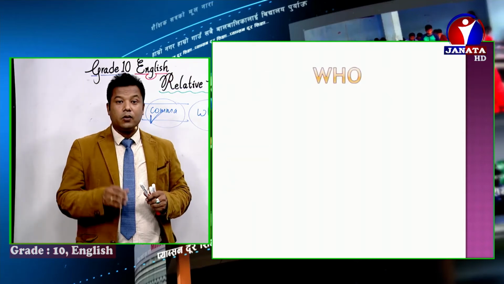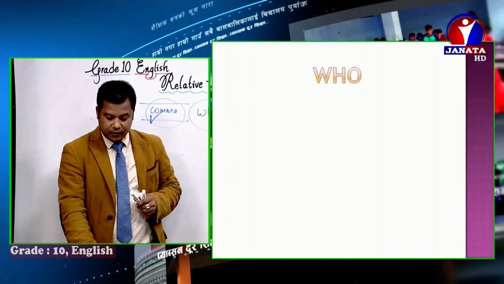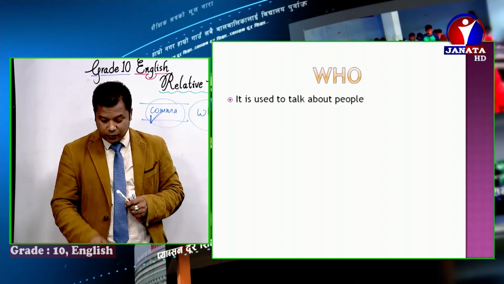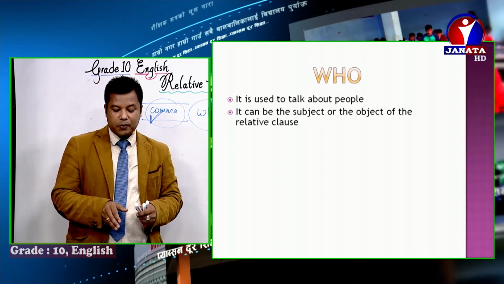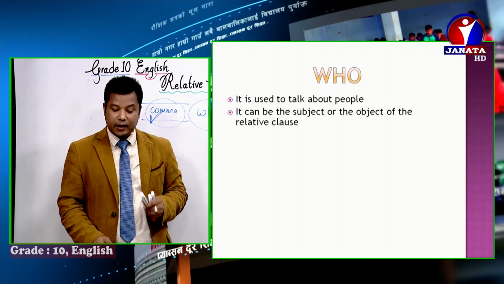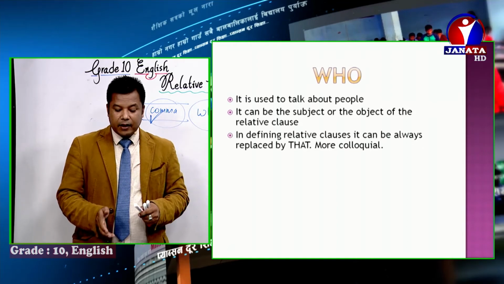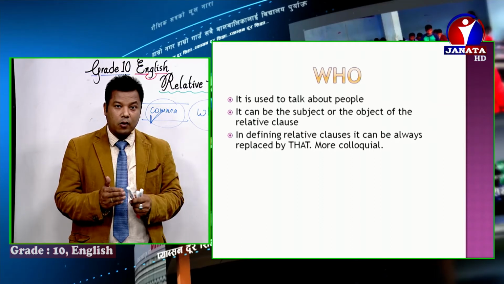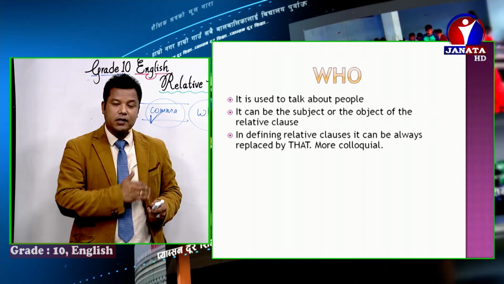Now, how to use who, we will specify with these examples. It is used to talk about people. I always prefer to do that. It can be the subject or the object of the relative clause, like in the case of defining and non-defining. In a defining relative clause, it can always be replaced by that, which is more colloquial, and we explain that with some examples.